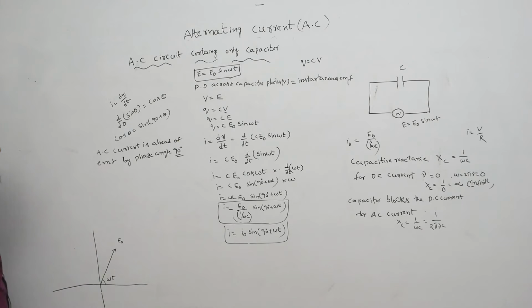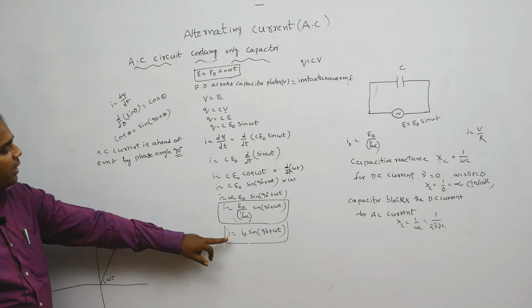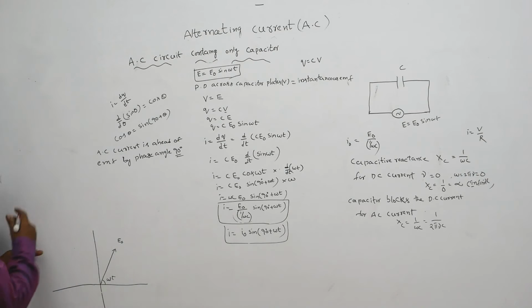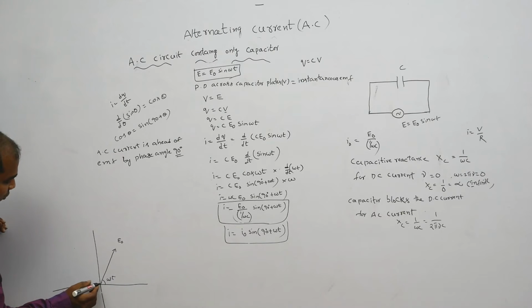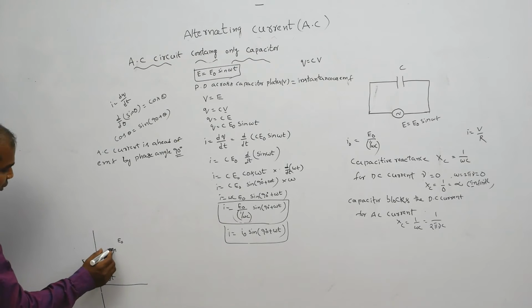Now the current, how much phase angle? 90 degrees ahead, which means in the anti-clockwise direction. So 90 degrees we go to the second quadrant. This is the current, I0. What is the angle between these two? 90 degrees. Now draw the projection to the y-axis.